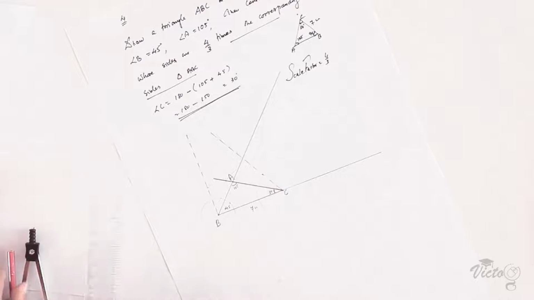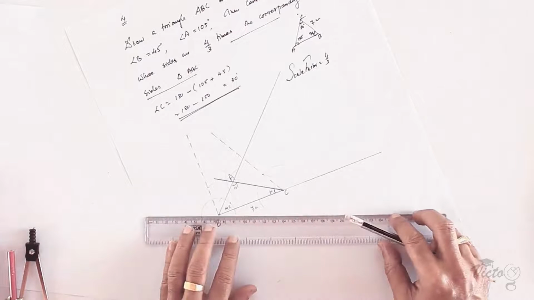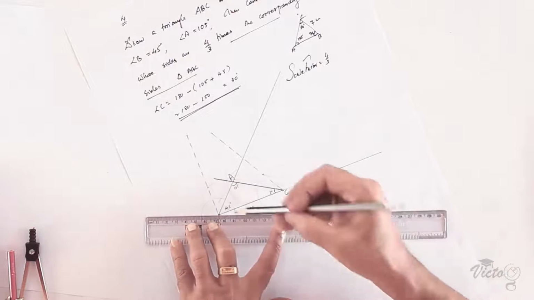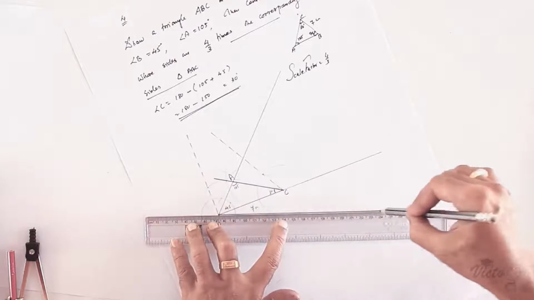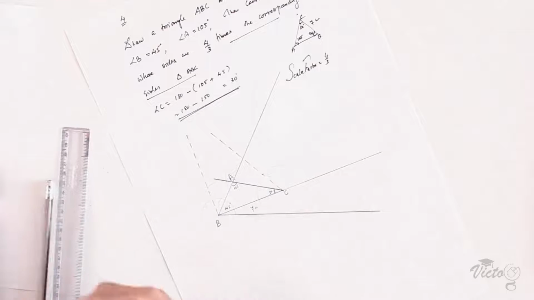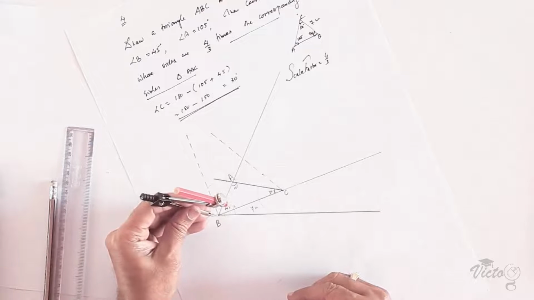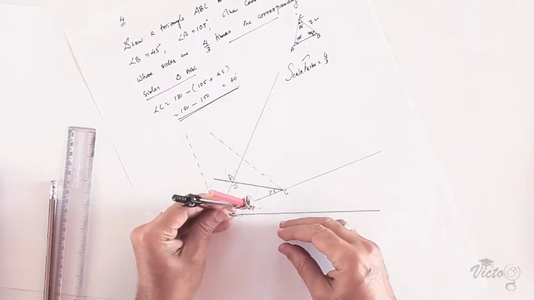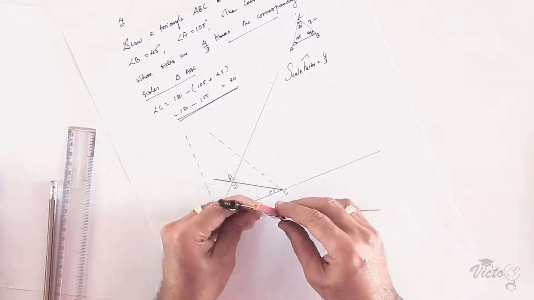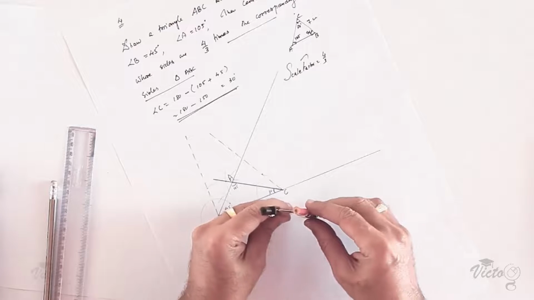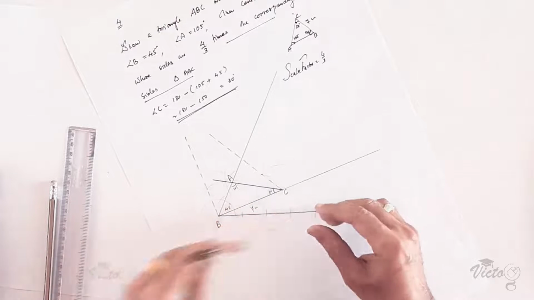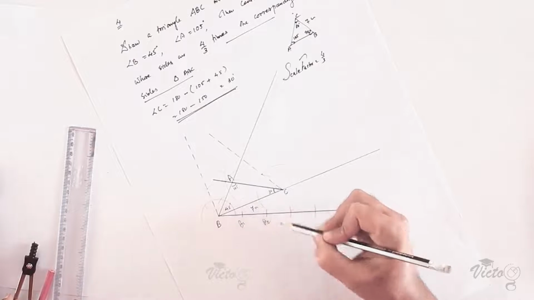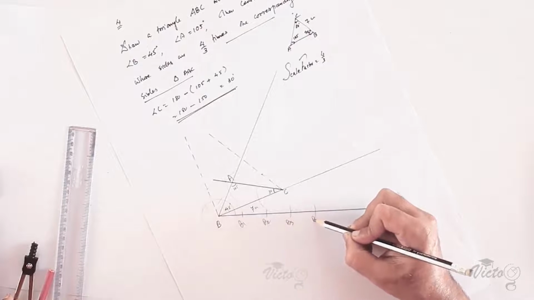Then make another line segment and we have to divide it into 4 equal parts. In the scale factor, the larger number is 4, so divide it into 4 equal parts: 1, 2, 3, 4. Mark it as B1, B2, B3 and B4.